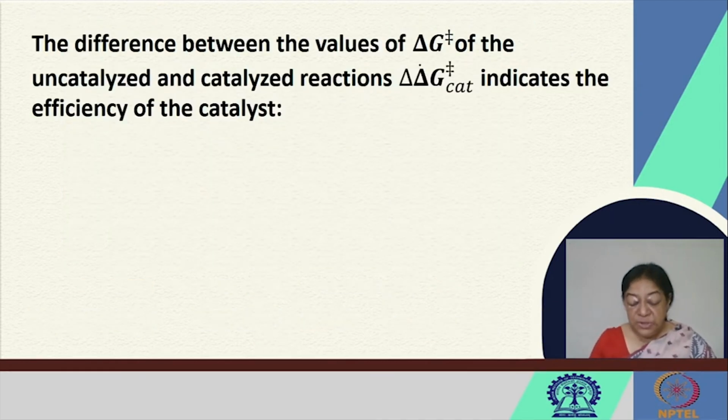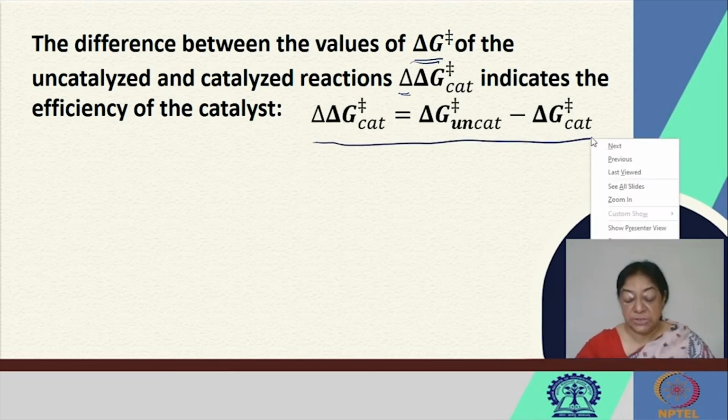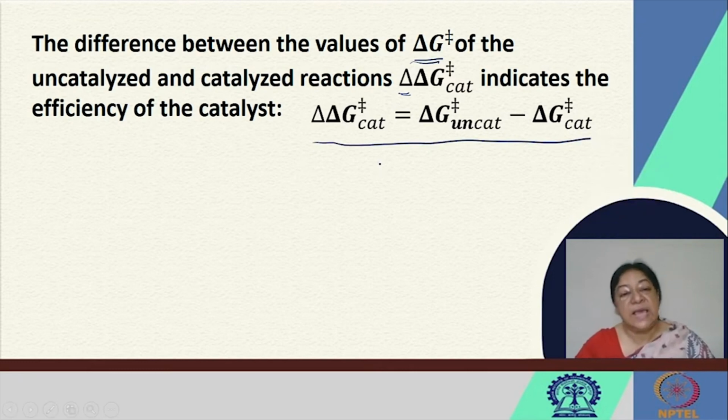The difference between the values of the free energies of activation of the uncatalyzed and catalyzed reactions give us a delta delta G cat that is a measure of how efficient the catalyst is. The catalysis will proceed in a better manner if we have an efficient catalyst.